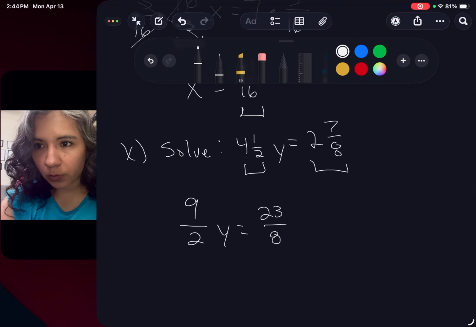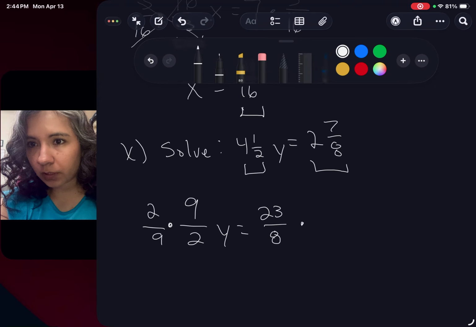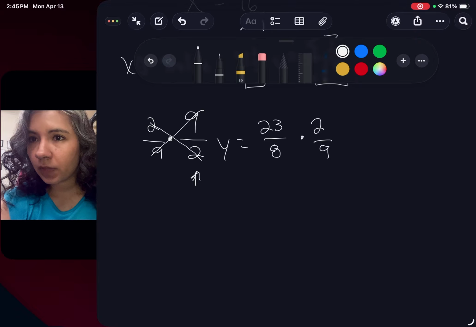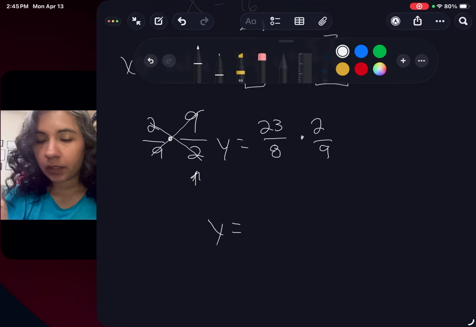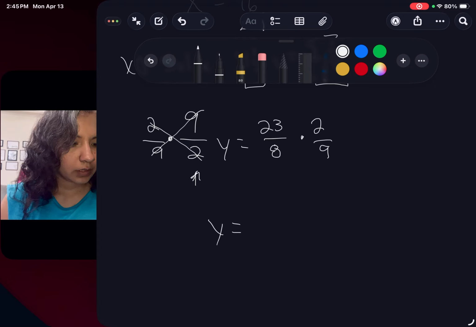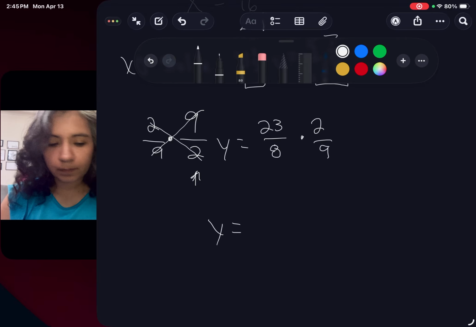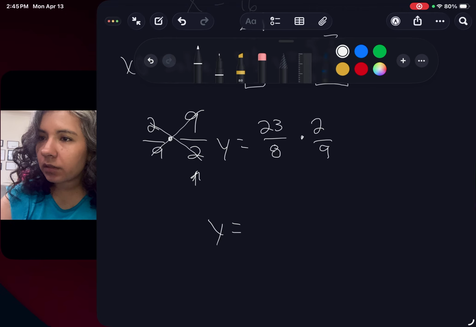So now we can multiply by the reciprocal on both sides. We're doing it by the reciprocal of this one, because we want to get y by itself. We want to know what y is equal to. So y equals, and we can go ahead and divide these by 2.